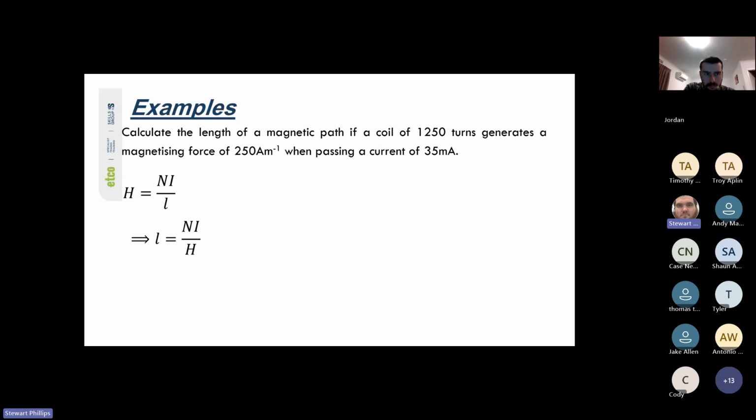On your calculator, you will go 35 times, and there's a button down there next to the answer button.